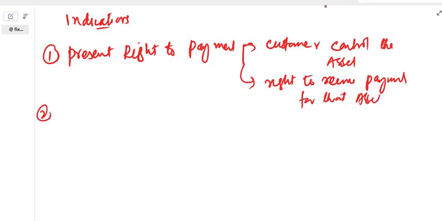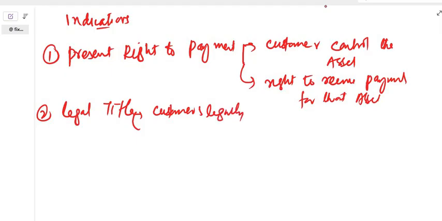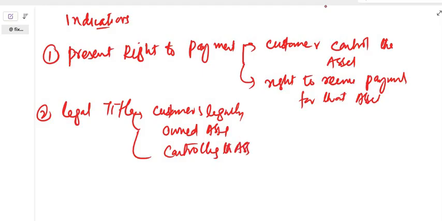Number two, legal title. Legal title means that the customer is now legally the owner of the asset. So it means that the customer is controlling the asset. Clear? This is the second indicator.